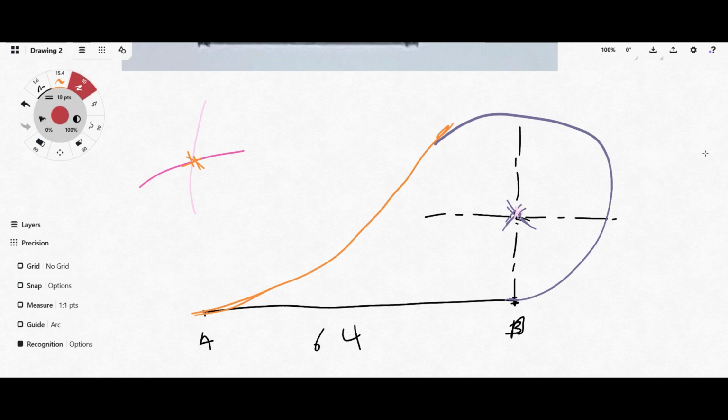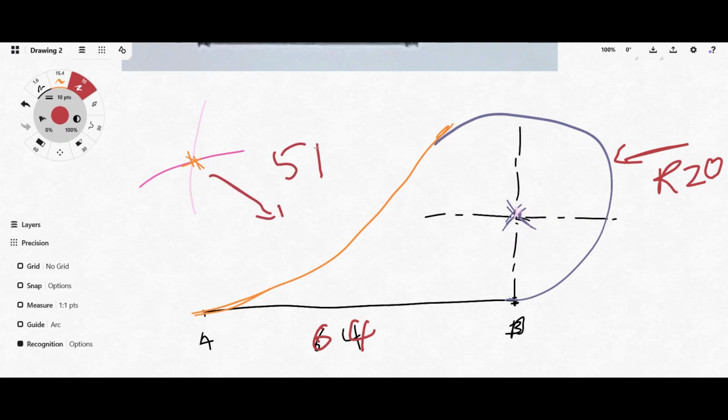Let's see. So here you have your radius of 20 millimeters, right? And then you have the line of 64. And this has a radius of 51, right?